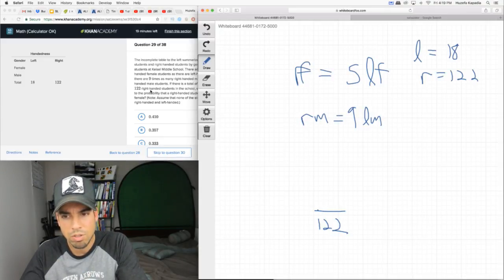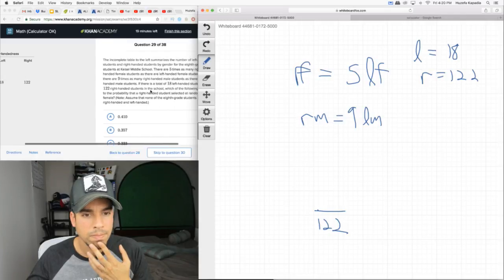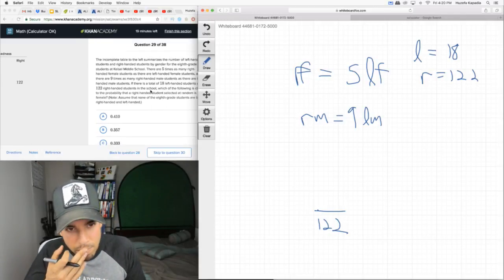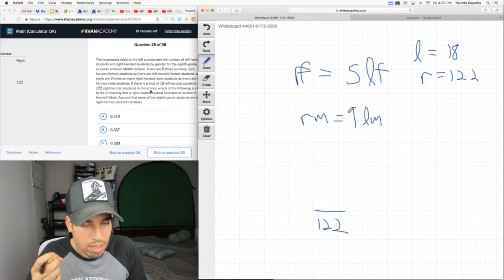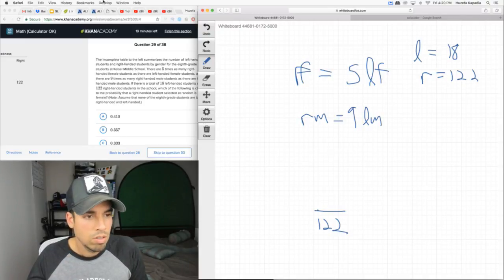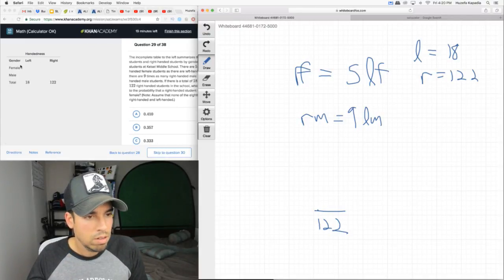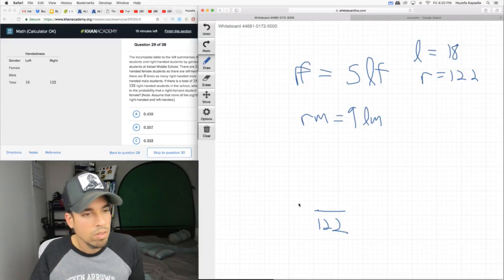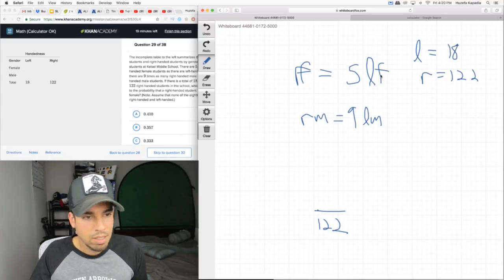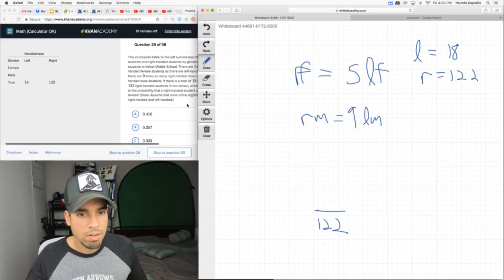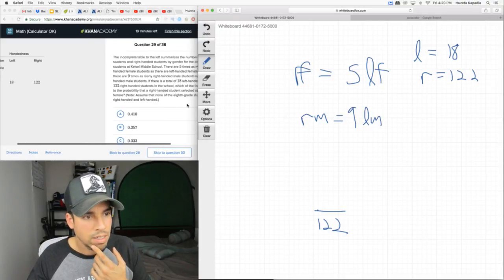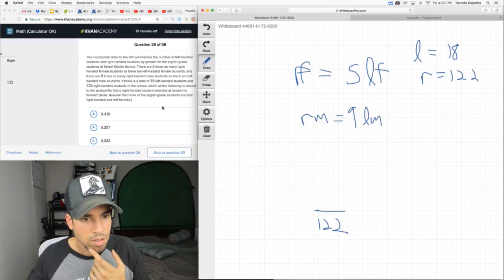No, that doesn't do so good. These are 2 separate: 5 times as many right-handed female students as there are left-handed female students. So right-handed and left-handed. Okay. So we could say left-handed female, and then we have 9 times as many right-handed males.